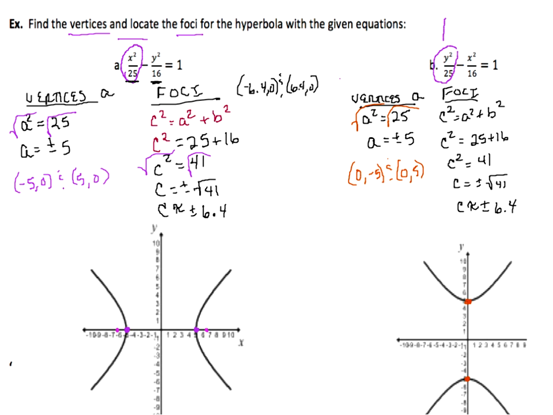Once again, the difference here is that we're working in the vertical direction. So my foci this time live at (0, -6.4) and (0, 6.4). So about right here and right here.